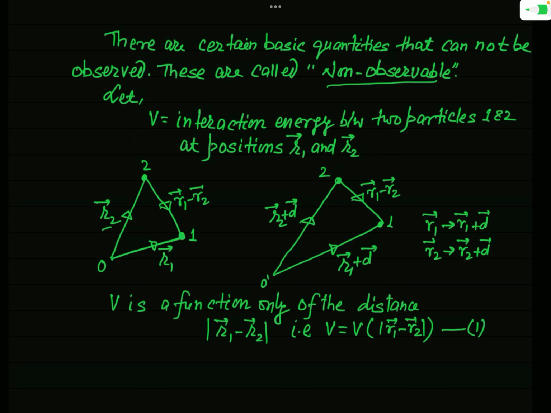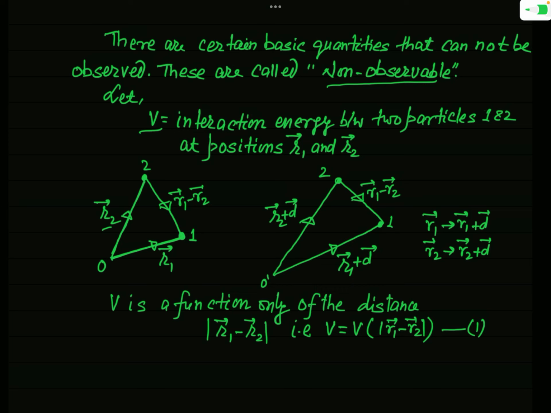Since these two particles are interacting with one another, there will be an interaction energy, or you may call it a potential energy, in this system. We consider that V is the interaction energy between these two particles 1 and 2 when they are at the positions R1 and R2 with respect to the arbitrary origin O.